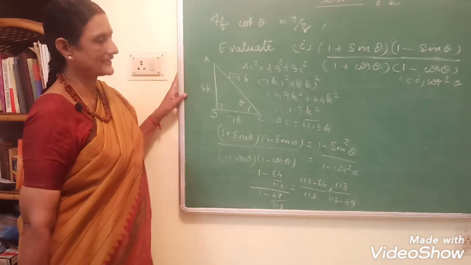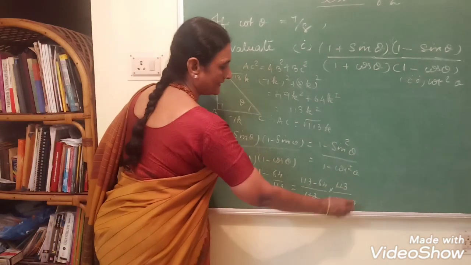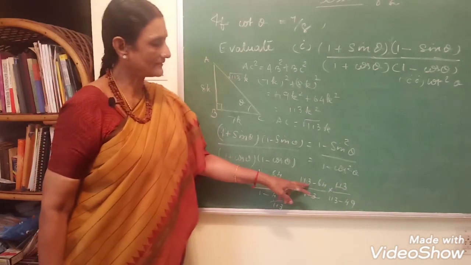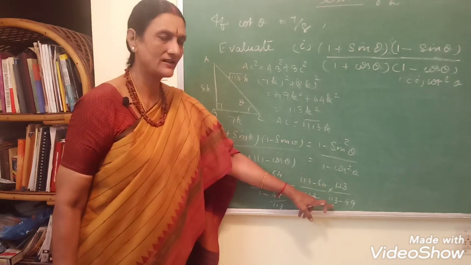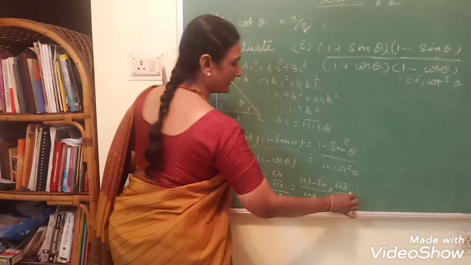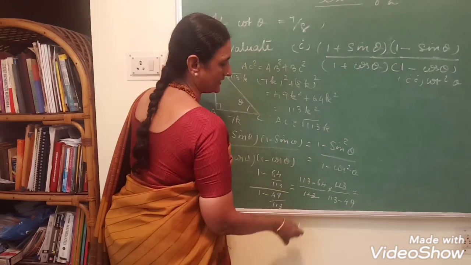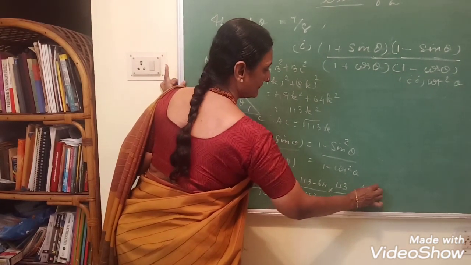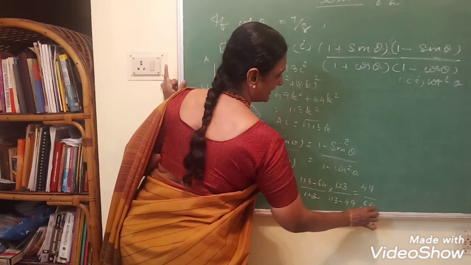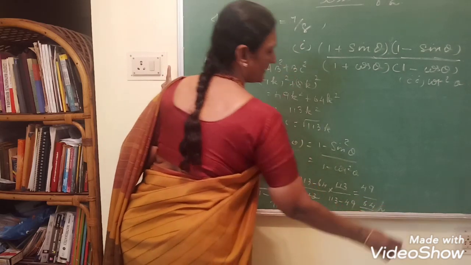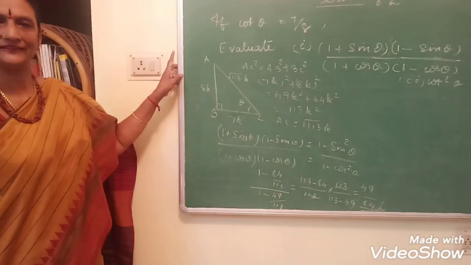Have you understood this? So these two 113s will get cancelled. On subtraction, this becomes 49 and this becomes 64. So 113 minus 64 gives you 49, and this gives you 64. So that is your answer by the first method.